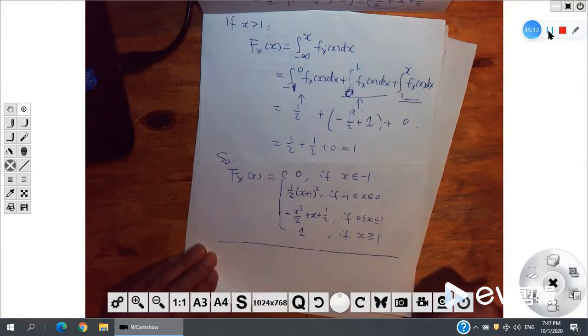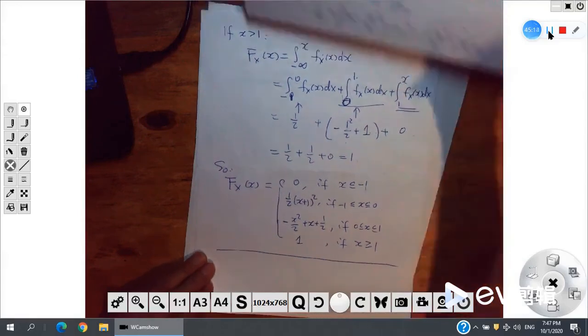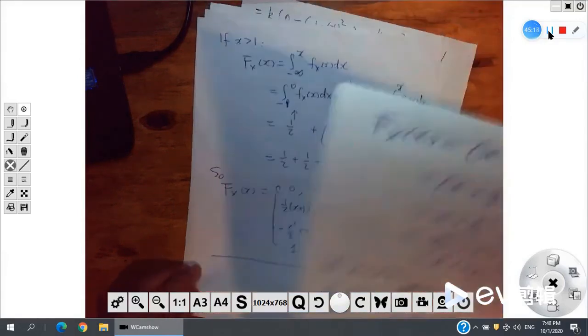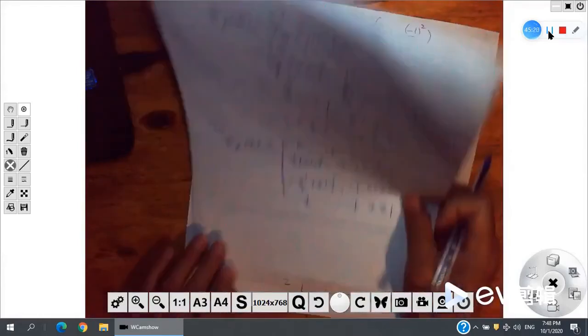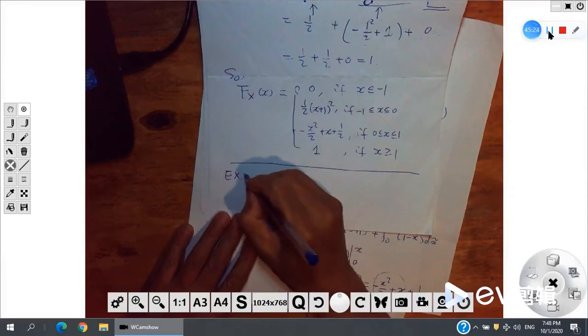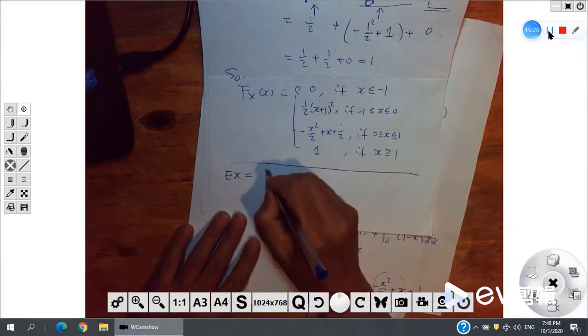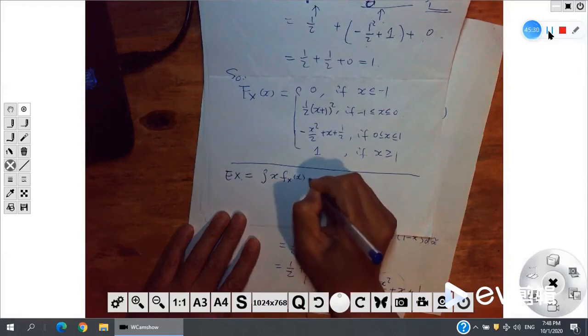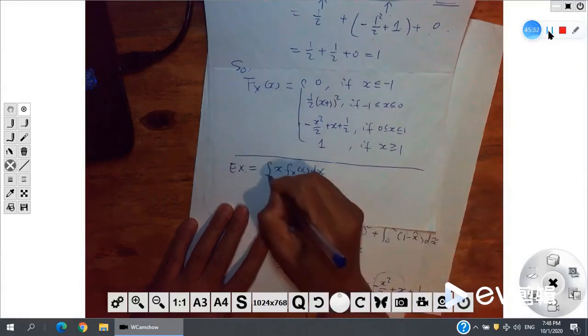Then we need two values. E(X), what is it? E(X), by definition, is the integral of x times f(x) dx, where x runs from negative to positive infinity.